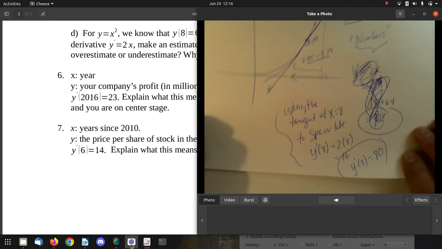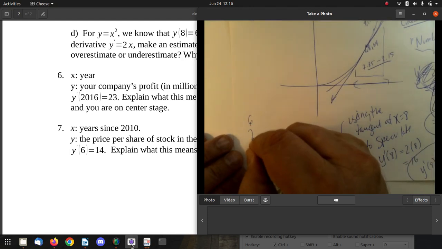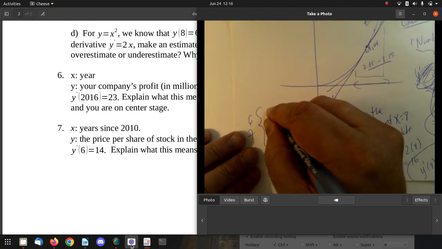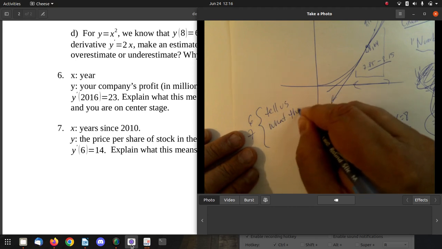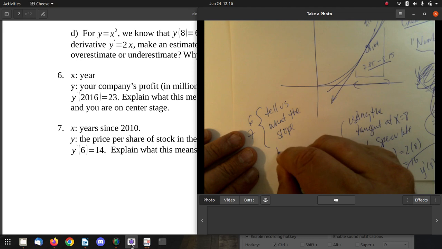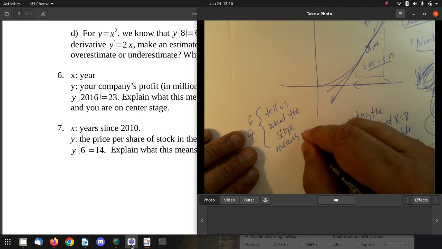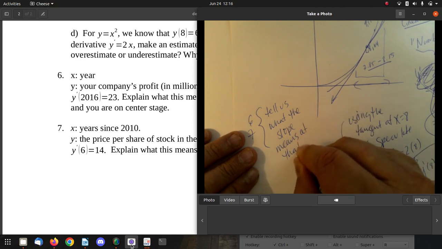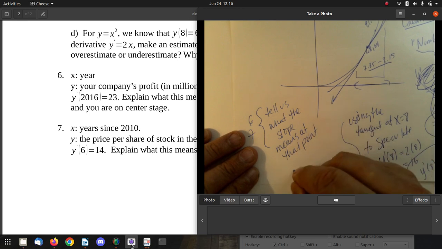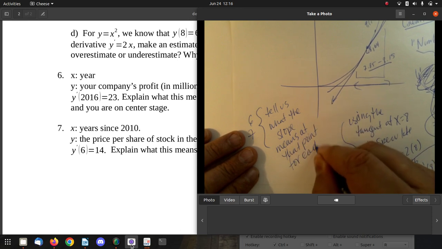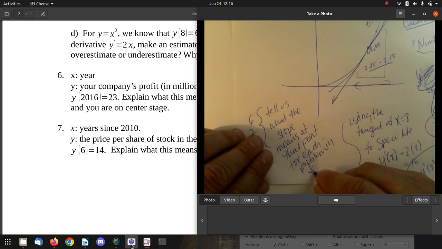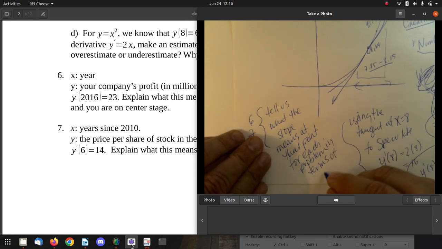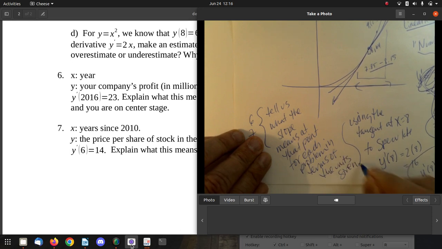So for 6 and 7, when they say explain the meaning, they are asking you to tell us what the slope means at that point for each problem in terms of the units given. Okay, and don't use math talk.